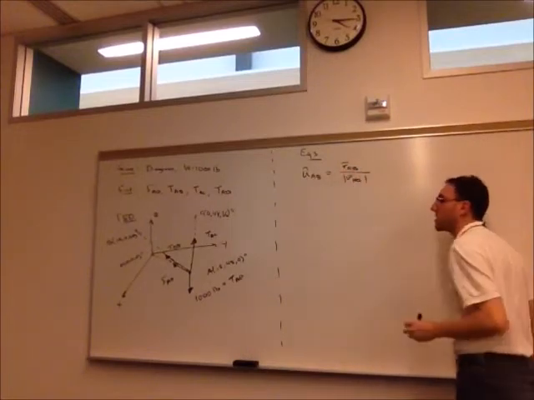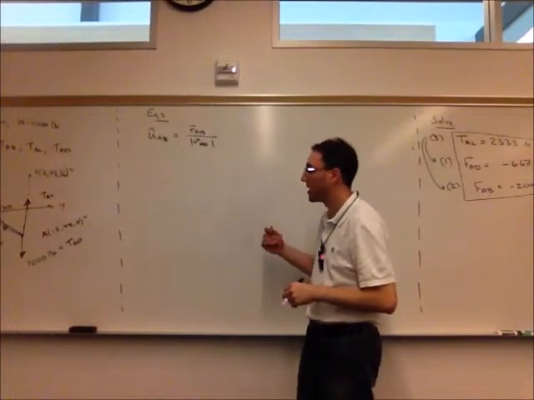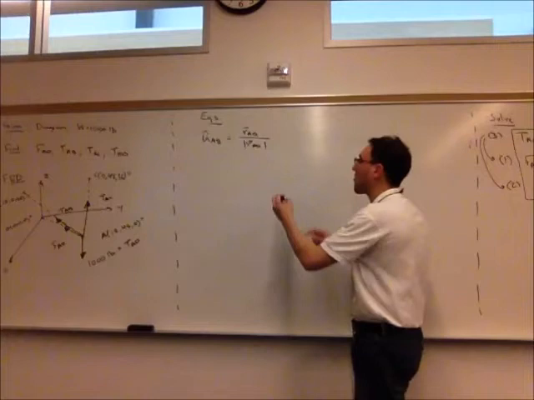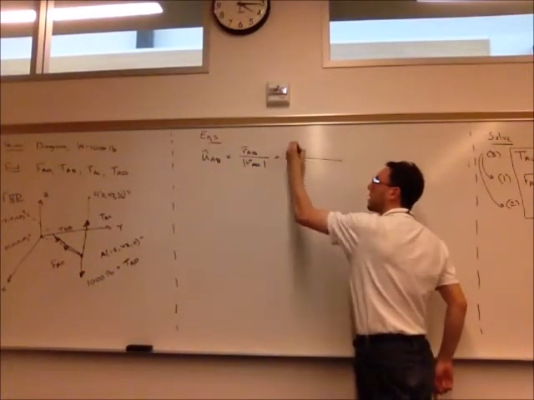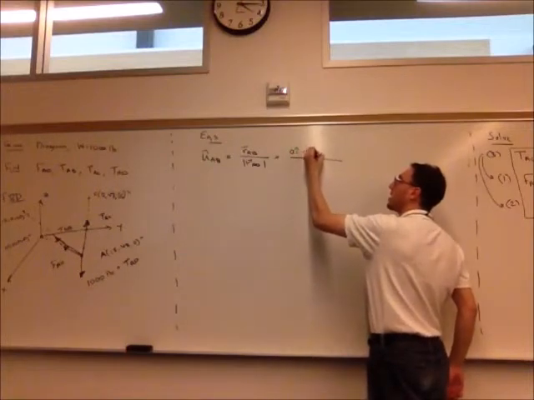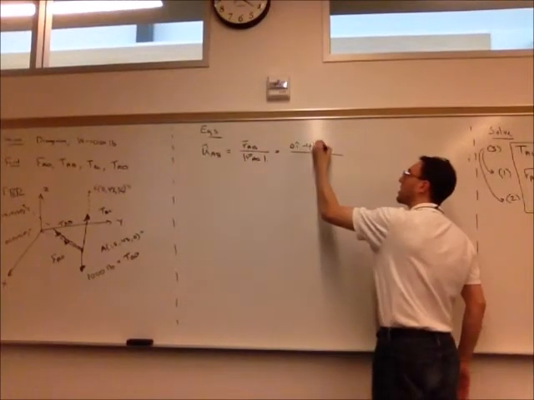So a unit vector that points from A to B, which is also the direction that TAB lies on. Position vector AB is going to be B minus A in the numerator. 15 minus 15 is 0i. 0 minus 48 is minus 48j. And 36 minus 0 is plus 36k.